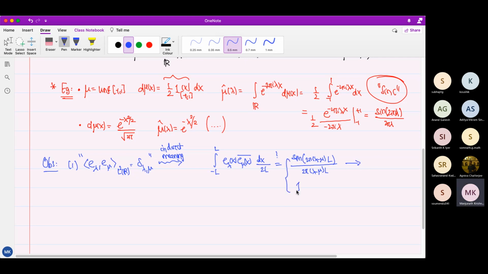Actually, this is, by the way, 1 if lambda equal to mu, and it goes to 0 if lambda is not equal to mu. Sin x by x is 1 at x equal to 0 if lambda equal to mu. And this one goes to 0 as L goes to infinity. So in that sense, the complex exponentials are orthogonal. They are out of phase.